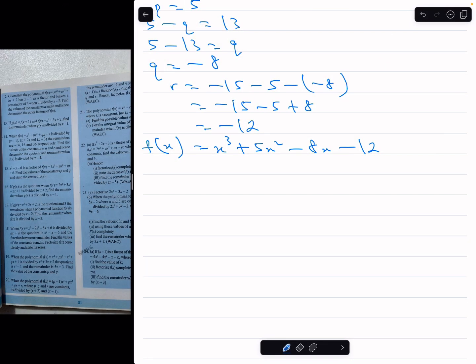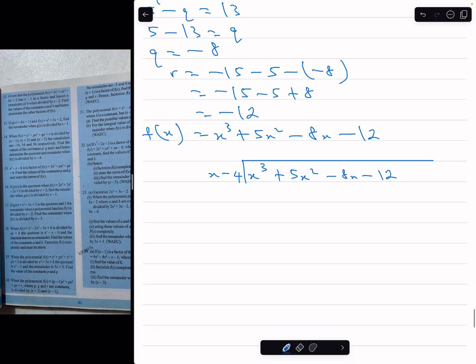Now that we have written f of x in full, we can use the long division method to find the quotient and remainder when f of x is divided by x minus 4. Let's do that. F of x is x cubed plus 5x squared minus 8x minus 12, and we are dividing it by x minus 4.